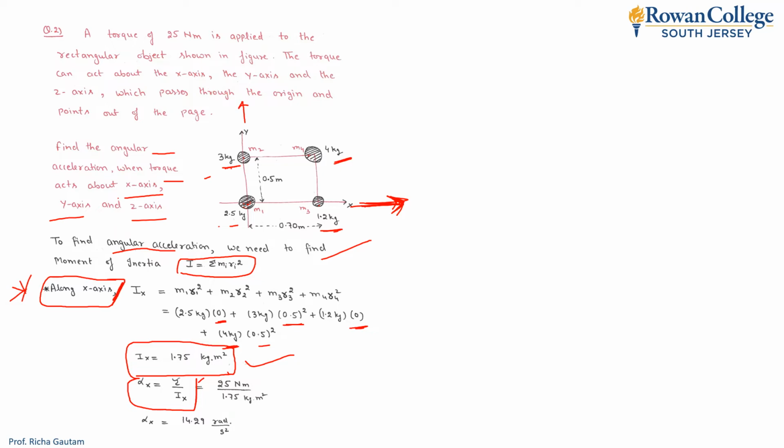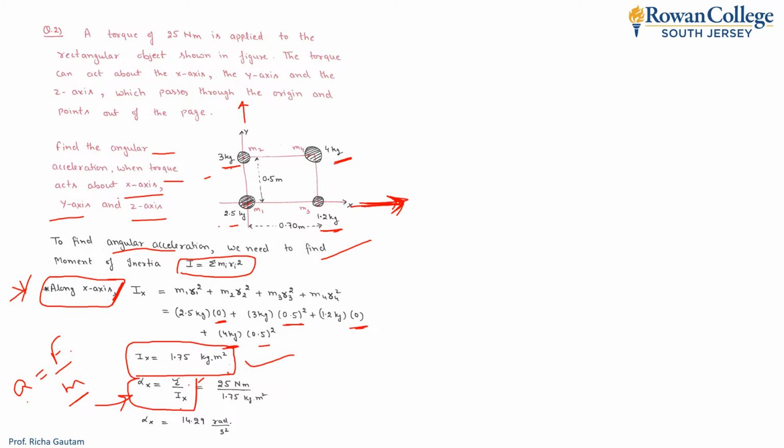In rotational motion, the moment of inertia behaves the same way as mass does in translational motion. In translational motion, your acceleration is F over m, and in rotational motion, you have alpha, which is your acceleration, and torque, which is your force.